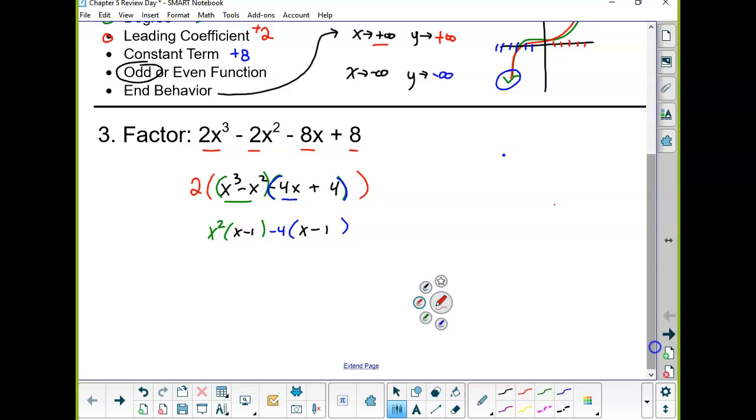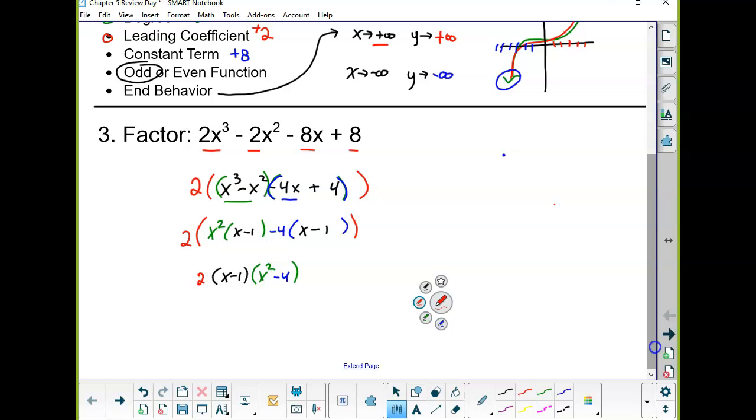Now notice I didn't deal with this 2 yet. Technically, I'll deal with the 2 later on, but it's still there. So then we have the idea that both of my pieces have a factor of x minus 1, and what's left over is the x squared minus 4, and then that 2 can just drop down.